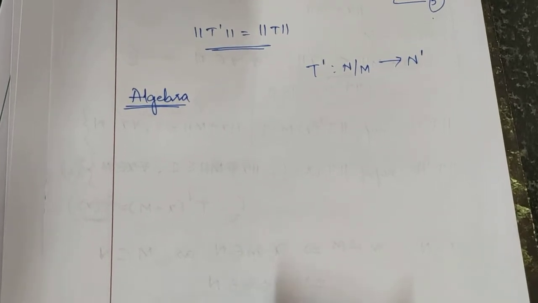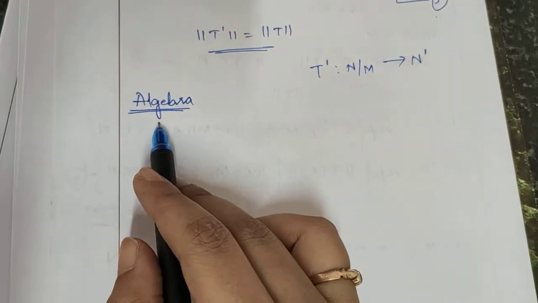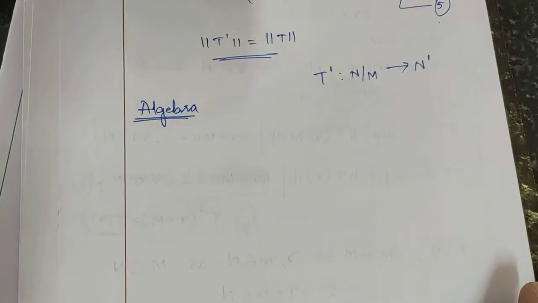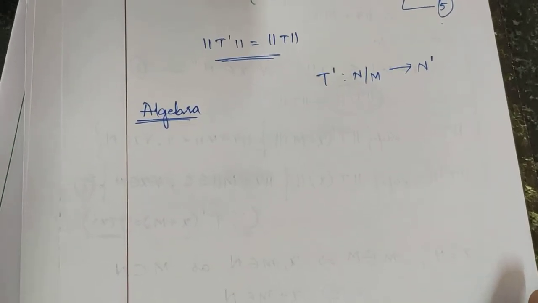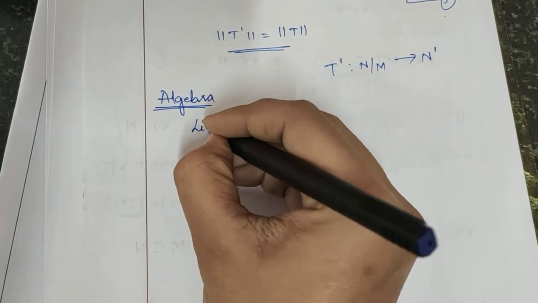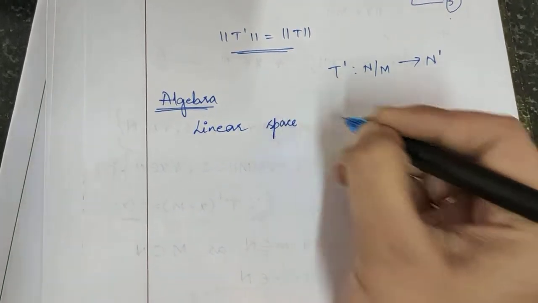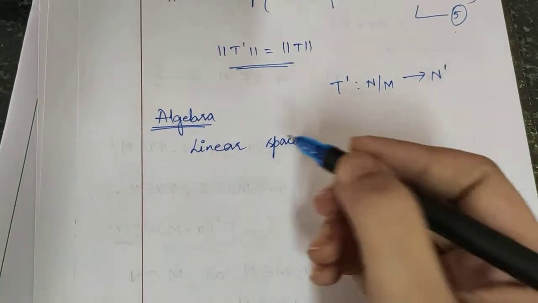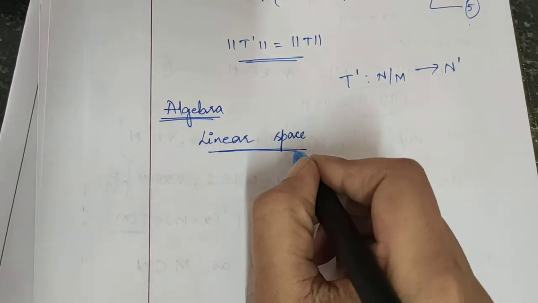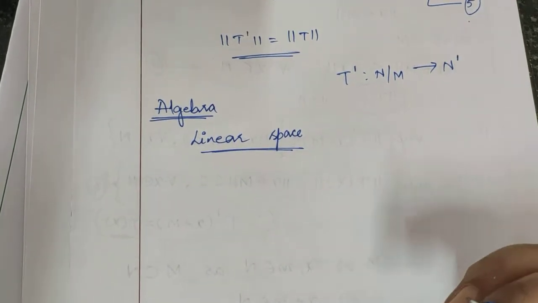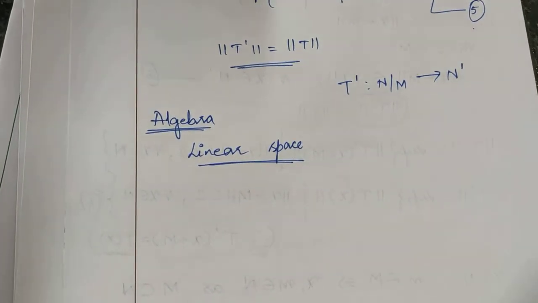Now let's move to the next concept, that is algebra. Okay. First let's see the definition of algebra. We can define an algebra as a linear space whose vectors, that means the vectors of the linear space, can be multiplied in such a way that they satisfy 3 conditions.